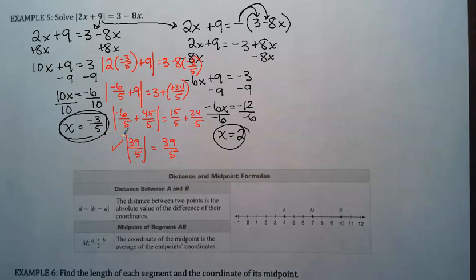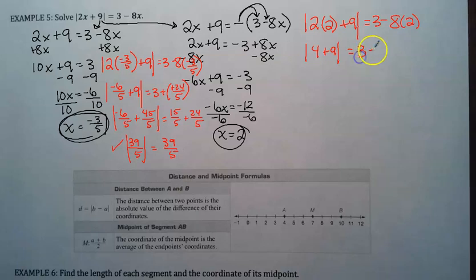Let's look at our next one. We've got the absolute value of 2 times 2, because our answer is 2 this time, plus 9, close our absolute value, equals 3 minus 8 times 2. 2 times 2 is 4 plus 9, so we have the absolute value of 13 equals 3 minus 16, which is negative 13. Wait. Same thing here, right?